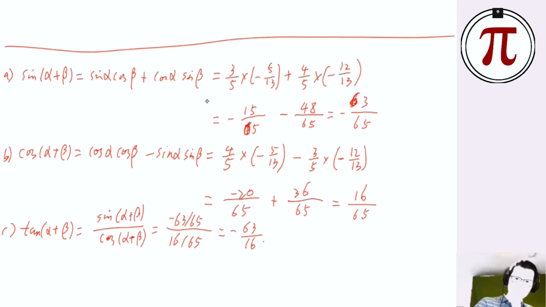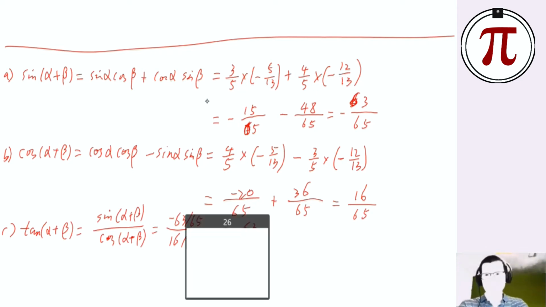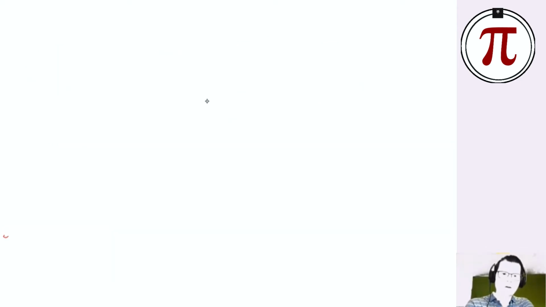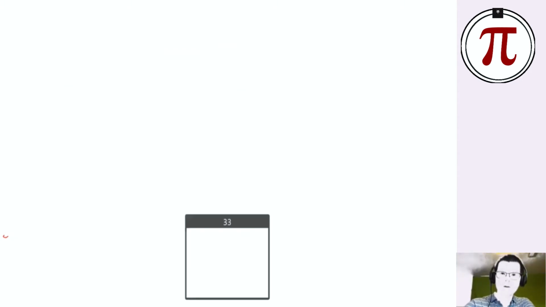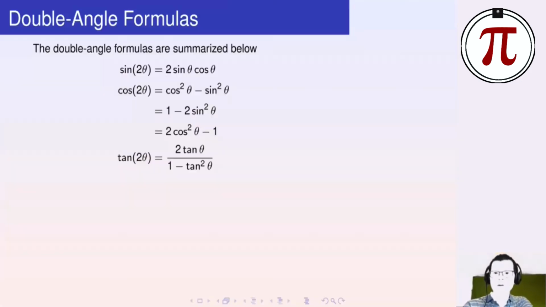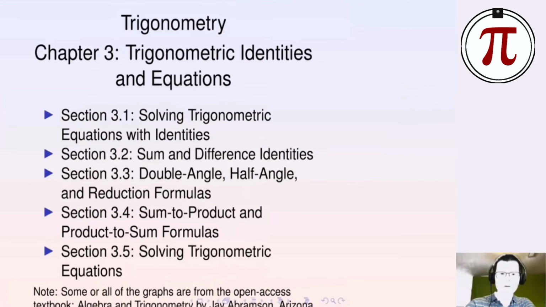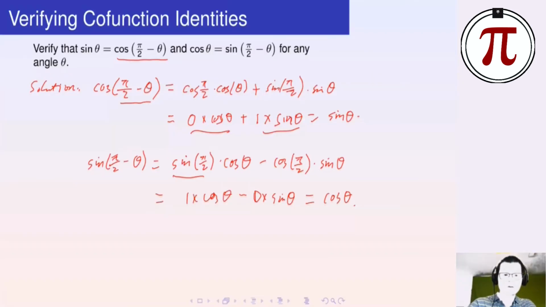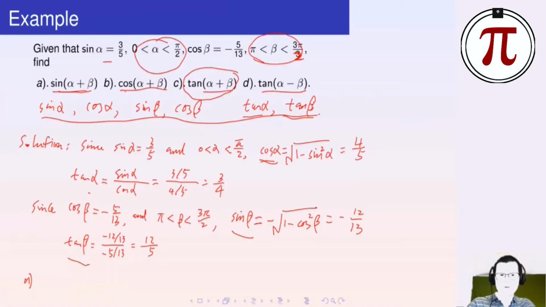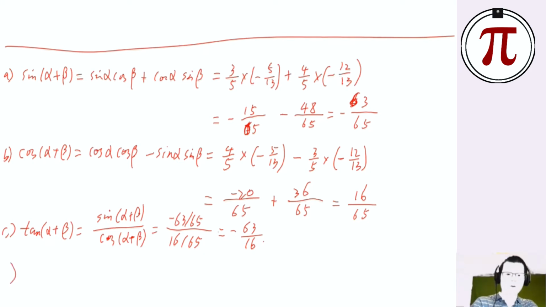Make sense? And this is C, and then D is tangent of alpha minus beta.